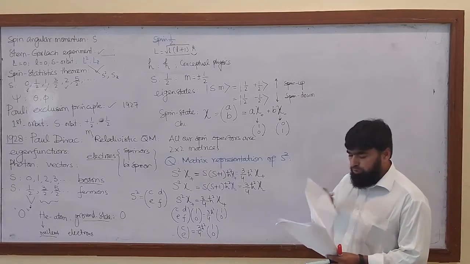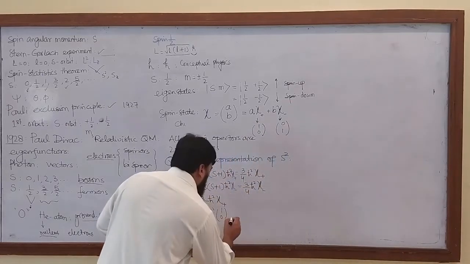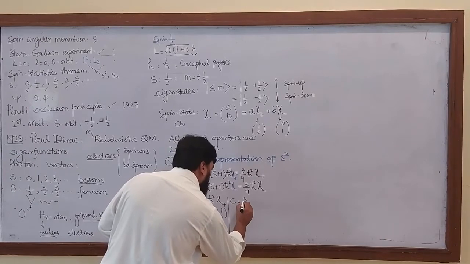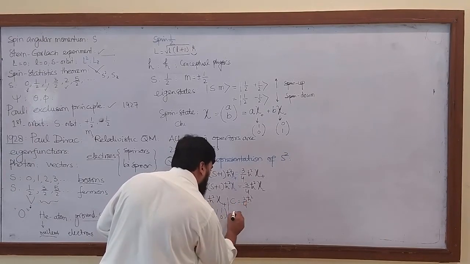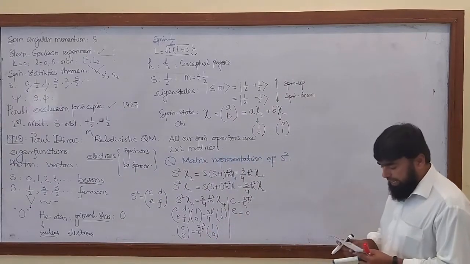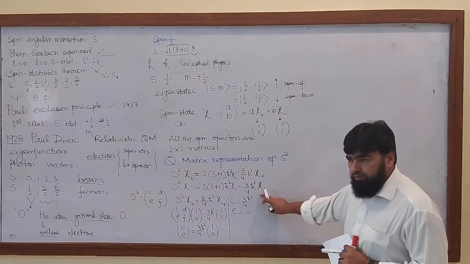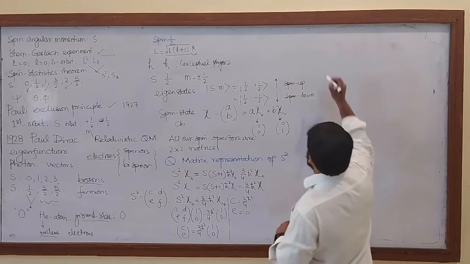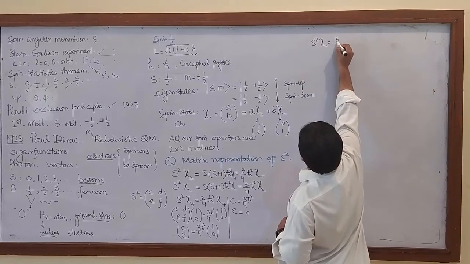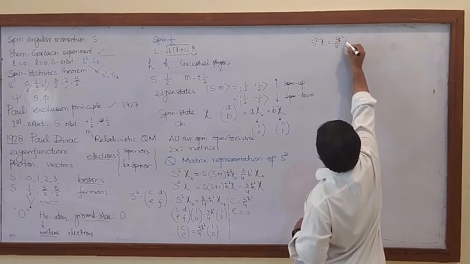So from here C comes out to be 3 over 4 h bar square while E comes out to be 0. And similarly, when you write the second term, when S square operates on chi minus, it gives again 3 by 4 h bar square and chi minus.